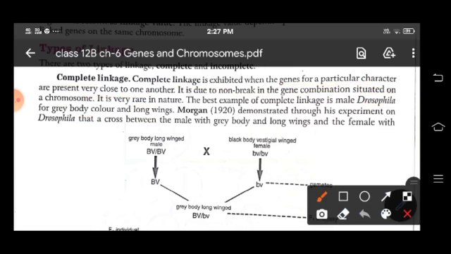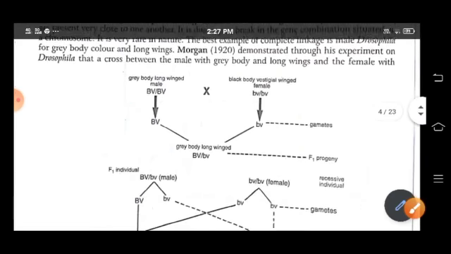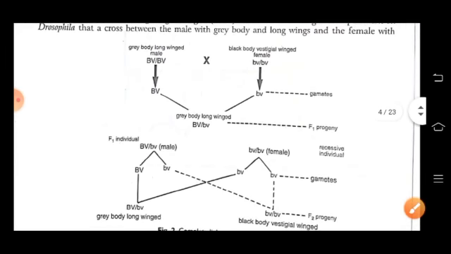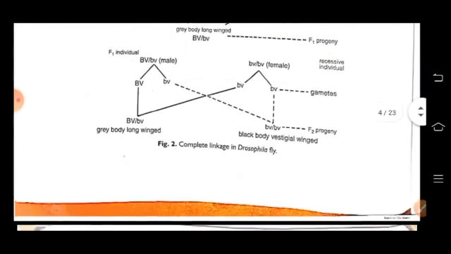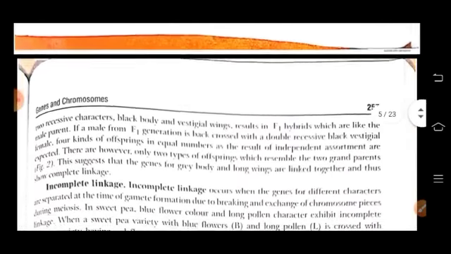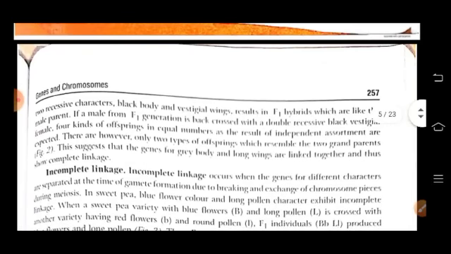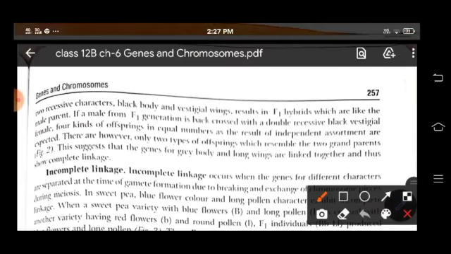Morgan demonstrated through his experiment on Drosophila a cross between a male with grey body and long wings and a female with black body and vestigial wings, the two recessive characters. The F1 hybrids are like the male parent.